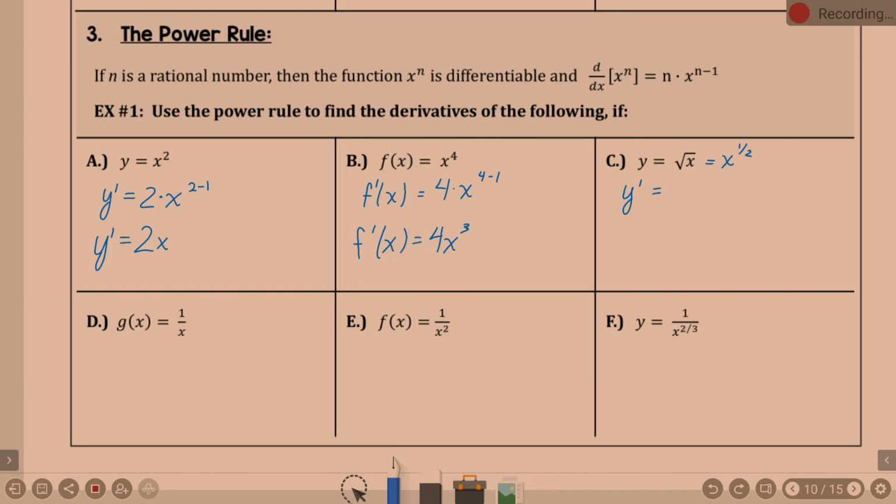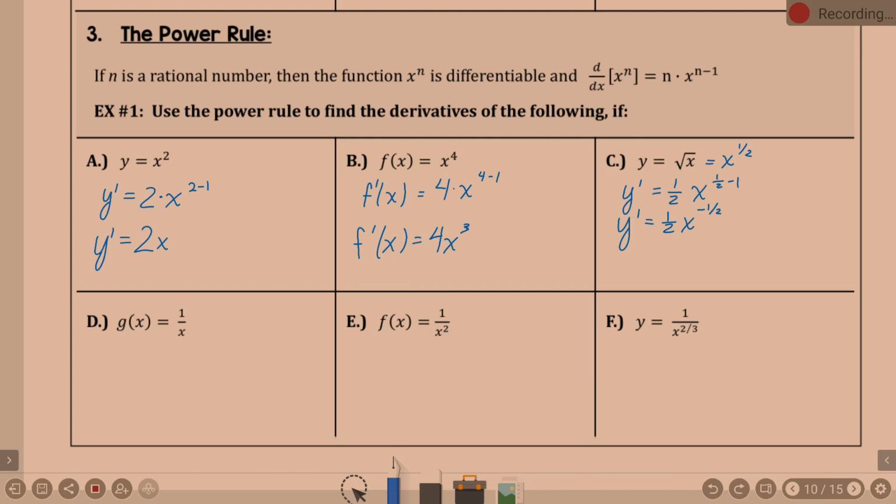Move the 1/2 out front, 1/2 x, and then when you do 1/2 and you subtract 1, that does put you at 1/2 x to the negative 1/2. Now, how do we feel about negative exponents? Okay, we don't get to leave negative exponents.